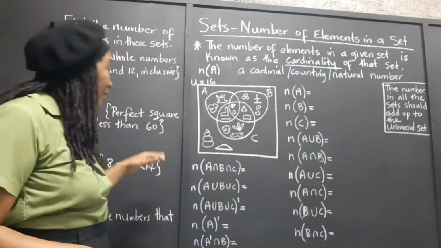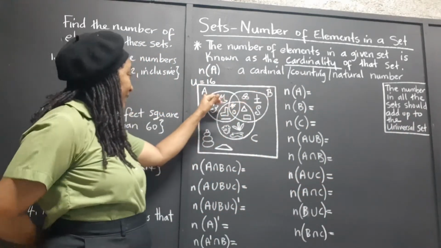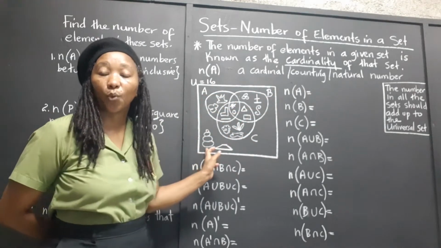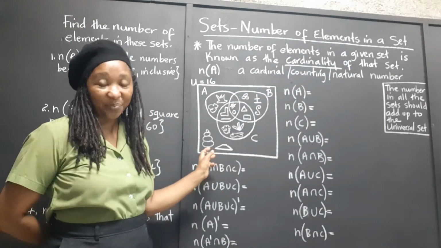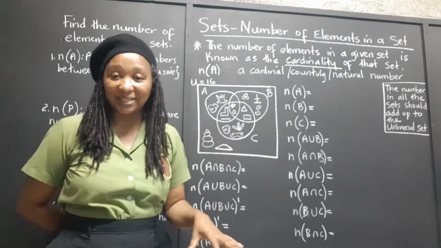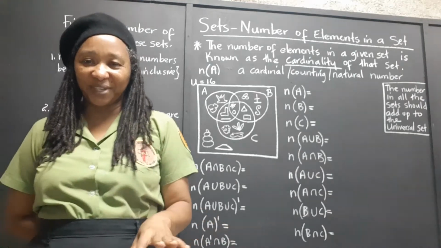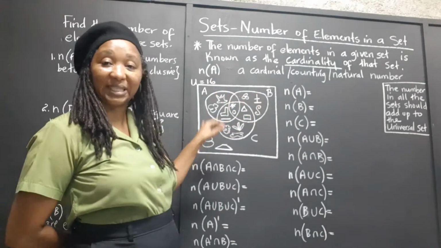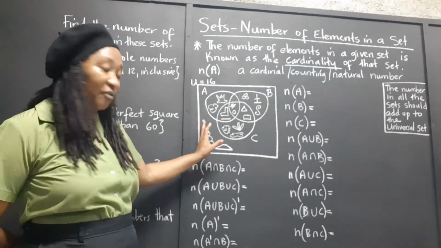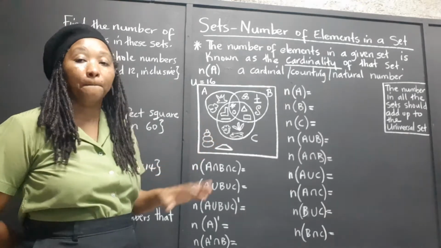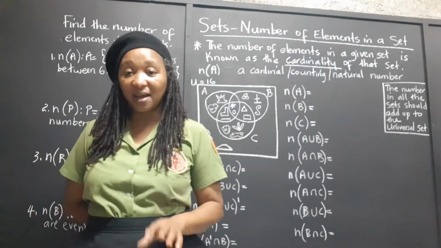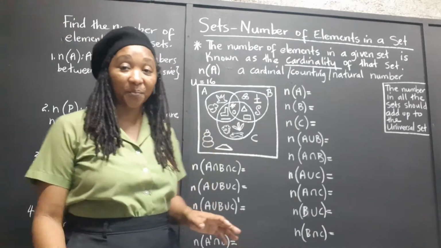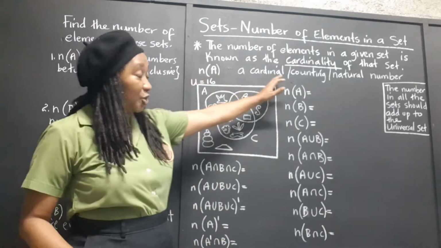So here we have, within the universal set, set A, set B, set C, and we have some elements out here, some rogue elements, some introverts who don't want to be associated with the other sets. They like to be by themselves over here in the corner, but they are still a part of the universal set. They still have to be counted in terms of the universal set.